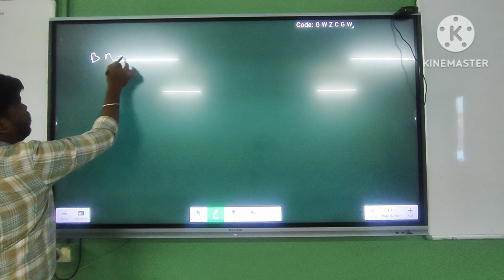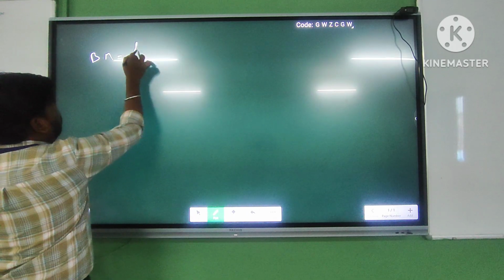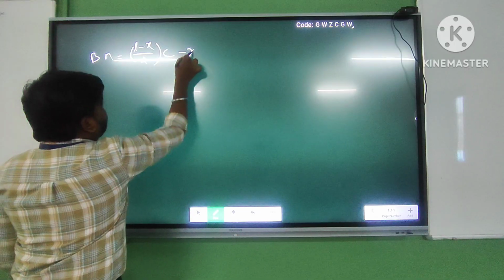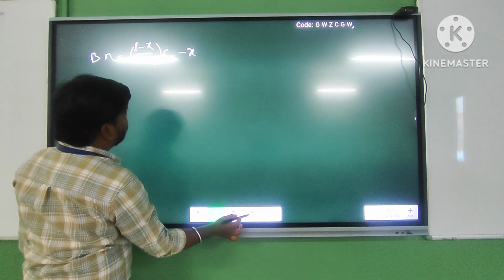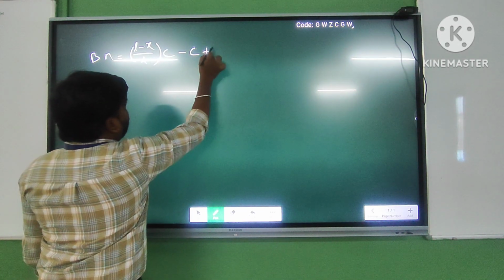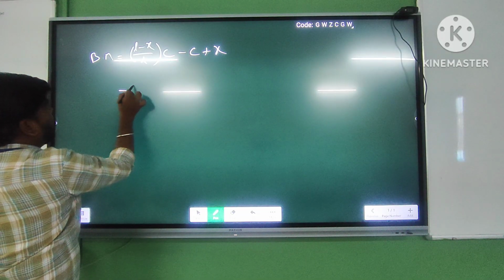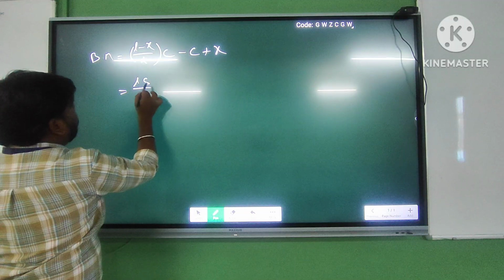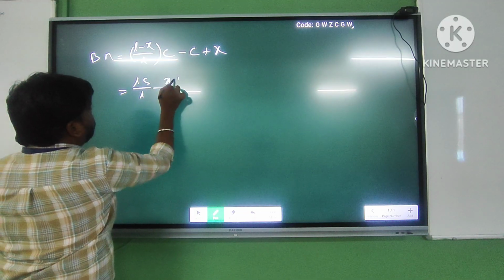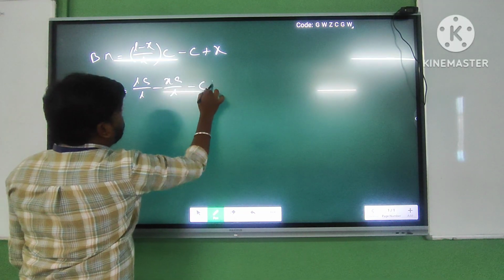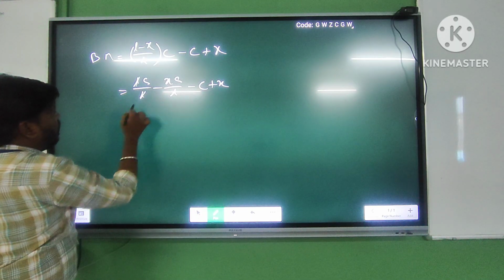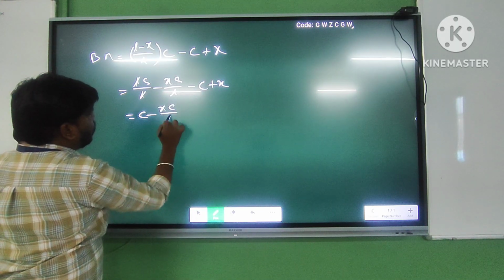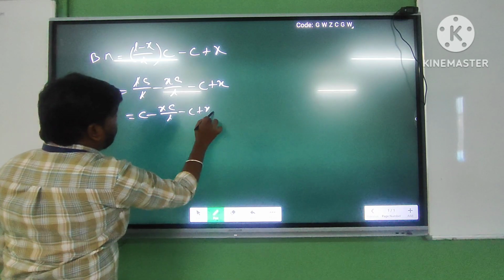Bending moment is equals to L minus x by L into C minus x, minus C plus x. Now L into C by L minus x into C by L minus C plus x. Here L gets cancelled and C minus x into C by L minus C plus x.